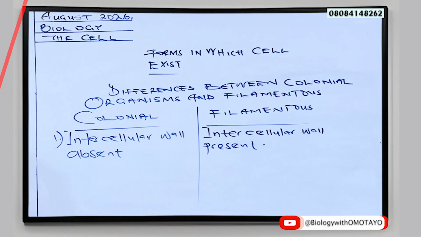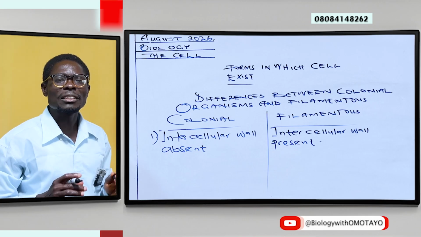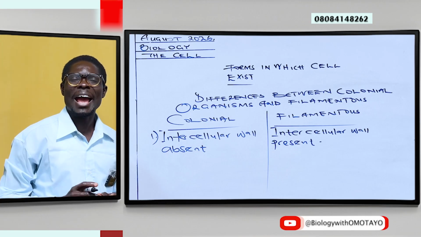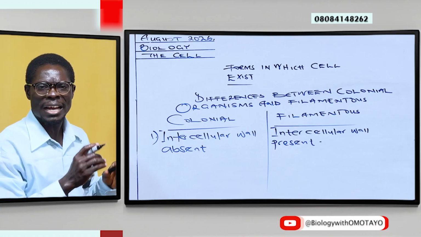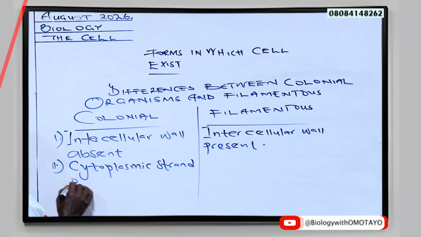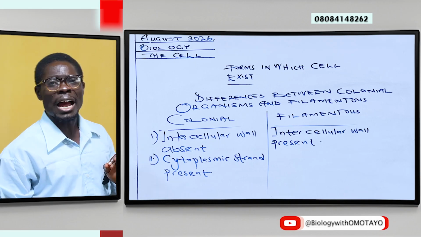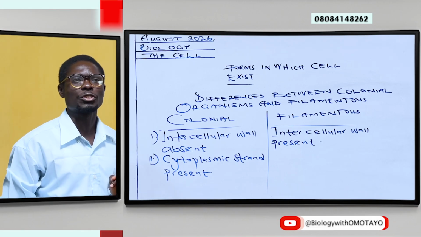In same vein, for the colonial organism, cells are connected by cytoplasmic strand. So you have a cytoplasmic strand present in colonial organisms. However, for filamentous organisms, there are no cytoplasmic strand connecting individual cells.